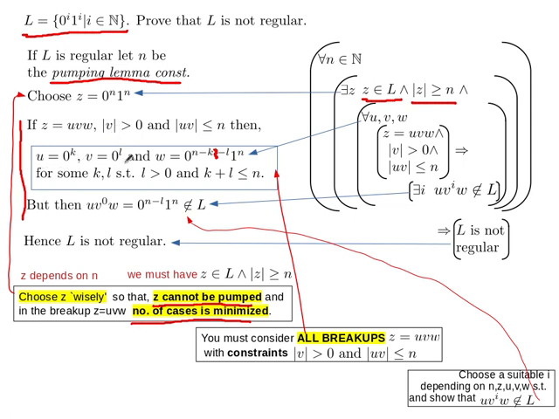So this is the only possible case for our breakup: U consists of entirely 0s and can also be empty, V also consists of entirely 0s but it's not empty, and the rest is W.